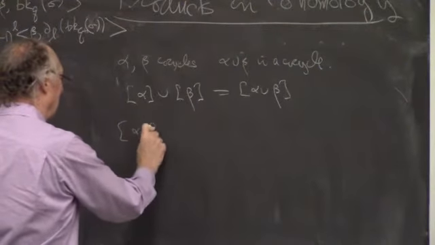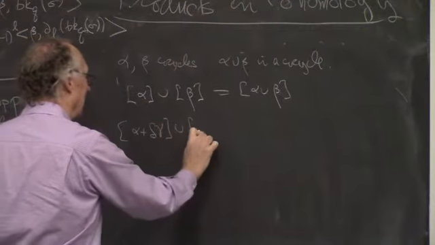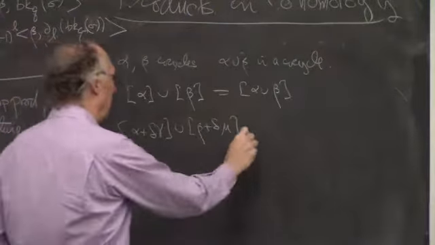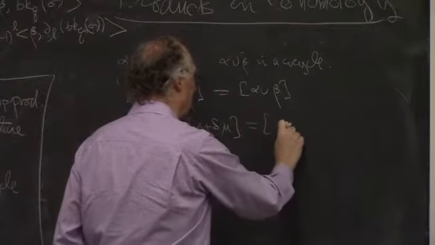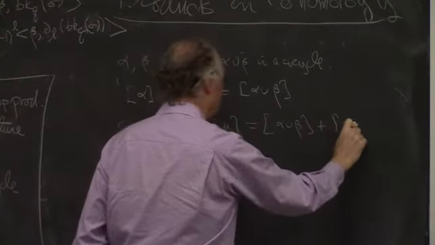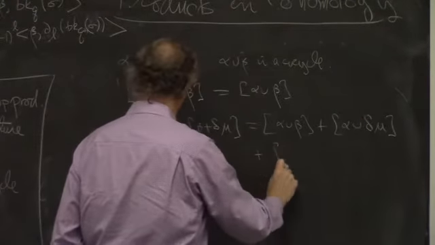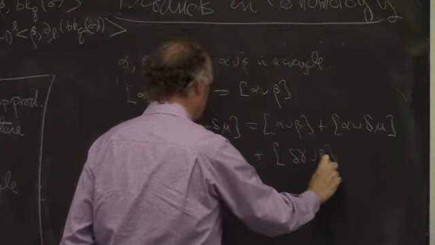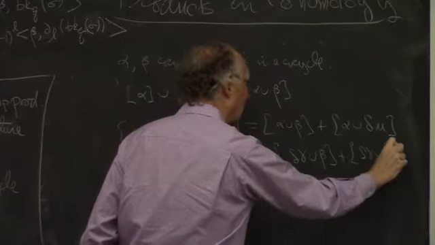And if I add here boundary gamma, and add here boundary mu, I get, since cup product is bilinear, alpha cup beta plus alpha cup boundary mu plus boundary gamma cup beta plus boundary gamma cup boundary mu.